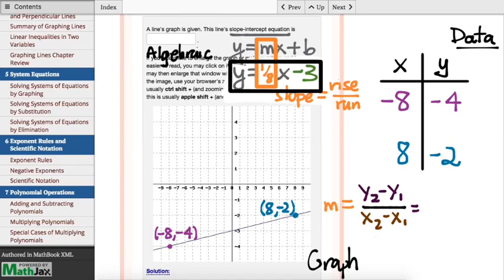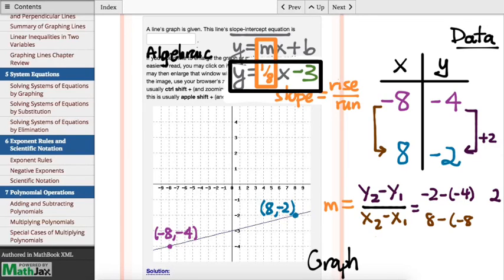always, is the same process of subtracting y2 minus y1. So now that's going to be -2 minus -4. Double check for me that that's +2. And then x2 minus x1. That's 8 minus -8.